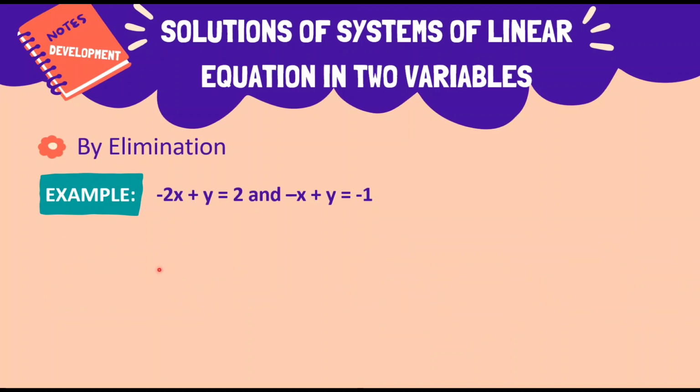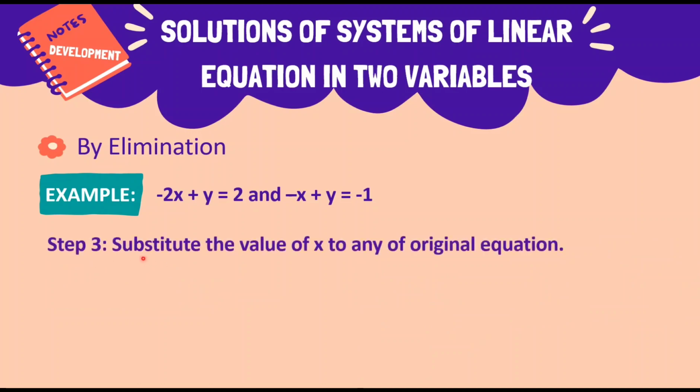Okay, let us continue. We have step 3. We need to substitute the value of x to any of the original equations. So let us try to substitute it in both equations and see if we get the same value of y. Let us start with negative 2x plus y is equal to 2, which is our first equation. Again, what is the value of our x? Okay, very good. We have negative 3. So let us substitute.